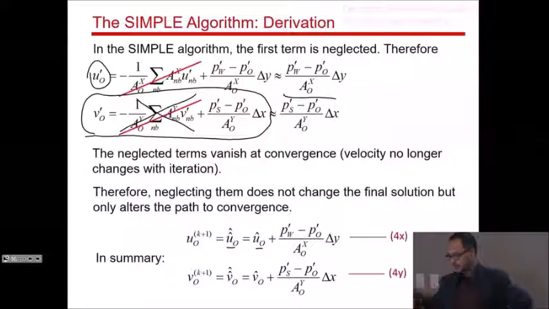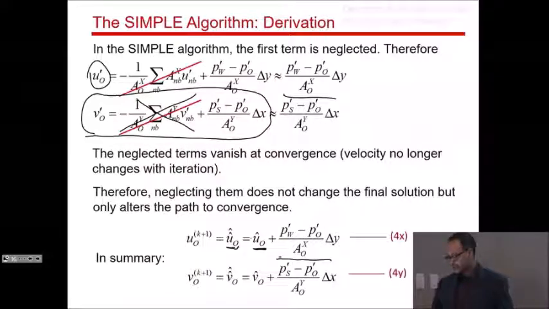So your u double hat is, what we're saying here is, the velocity we get after satisfying mass conservation is equal to the velocity we get by solving the momentum conservation equation plus some correction term. Okay, that's all. It's a very simple, explicit equation. There are no simultaneous equations to be solved and so forth.